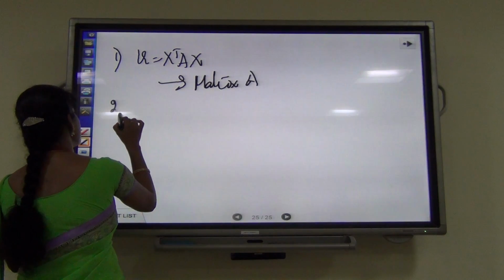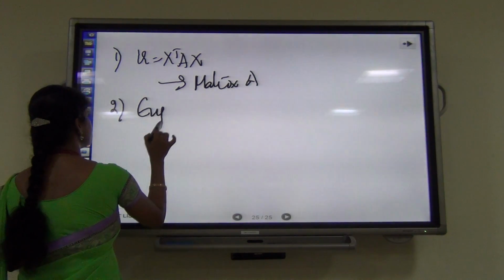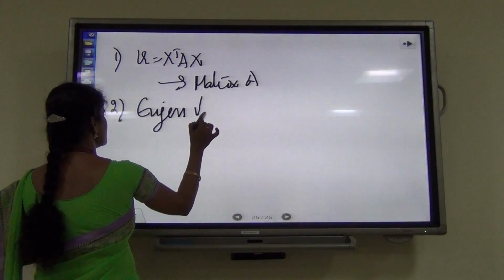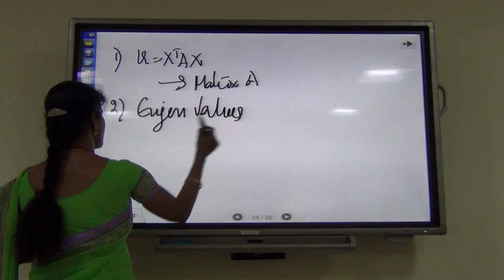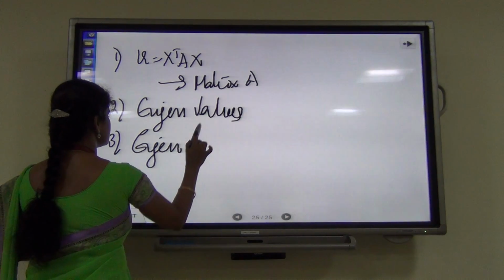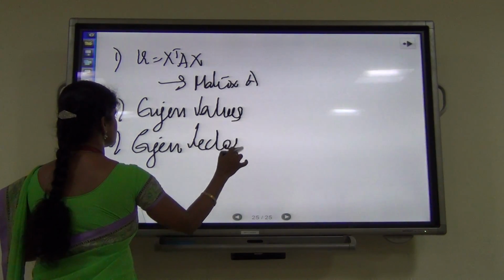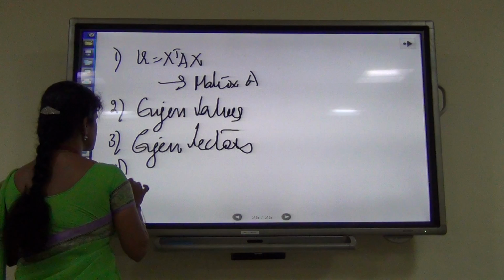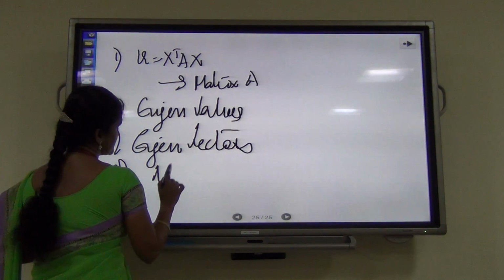The second step is eigenvalues. The third step is eigenvectors. And the fourth step is normalization.